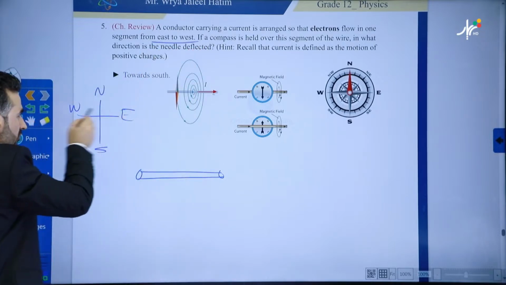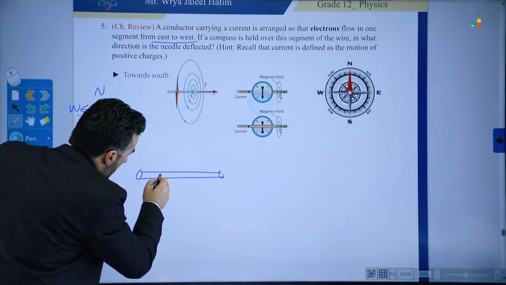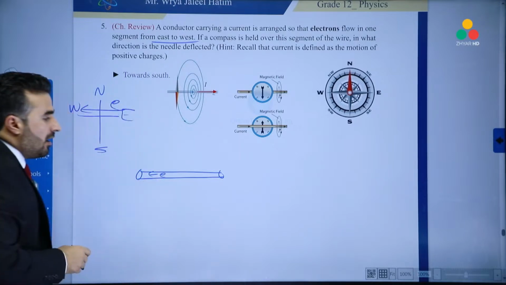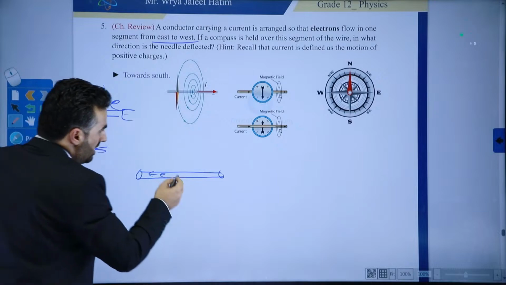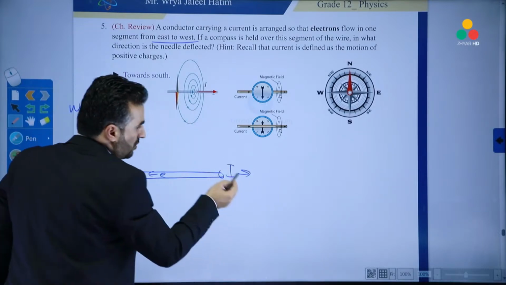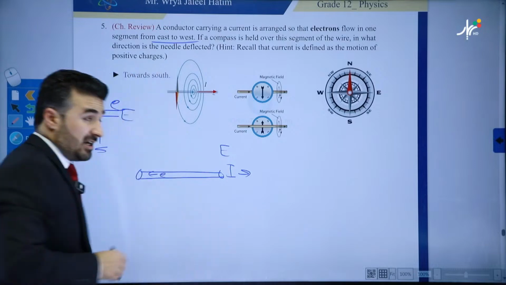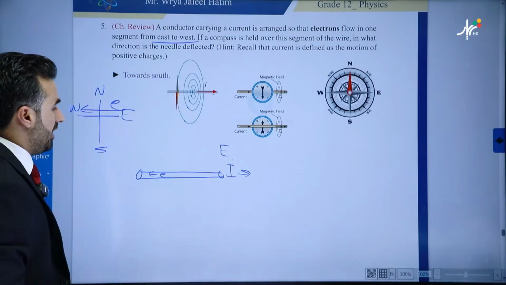So what is the direction of the current? We said the direction of the current is always opposite to the direction of the electron. So the direction of the current is from west to east, or you can just say the current is towards east. That is all you need to know here.